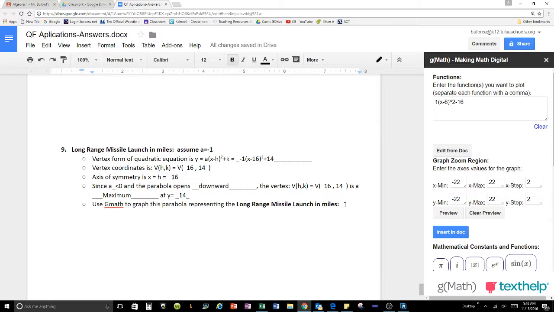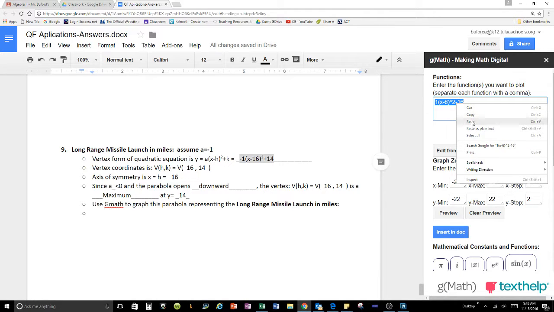So if we want to graph this, make sure the cursor's there. Let's go get the little negative sign there. Copy this in here. Put the cursor between the right paren and the 2, hit shift 6, so we get a little character in there.